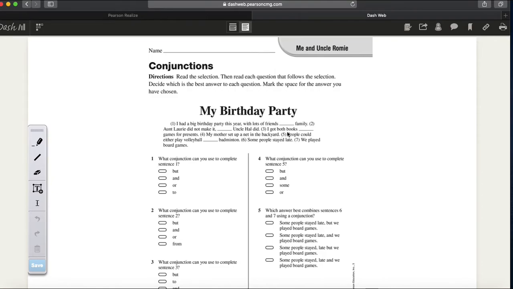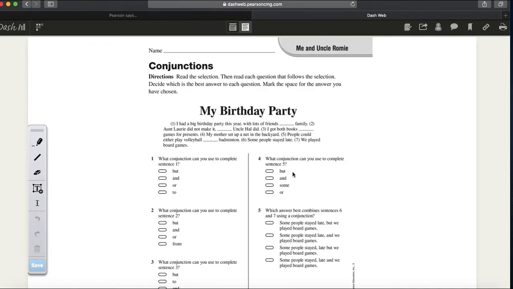I got both books and games for presents. Of course, yes, because here I add information. I can use I got both books, but games for presents. Does it make sense? No. So the best answer is and, because I'm adding information.